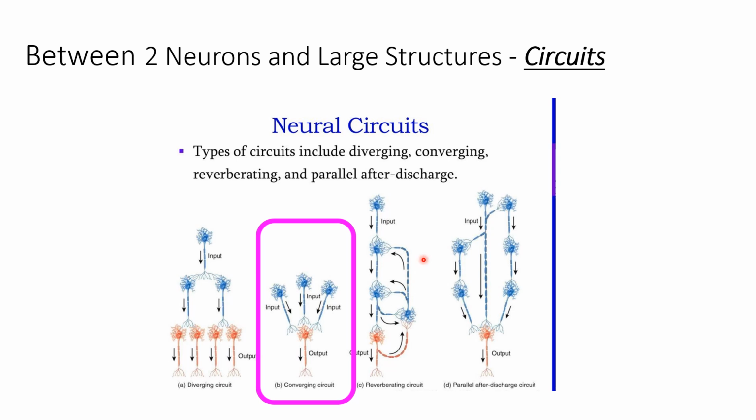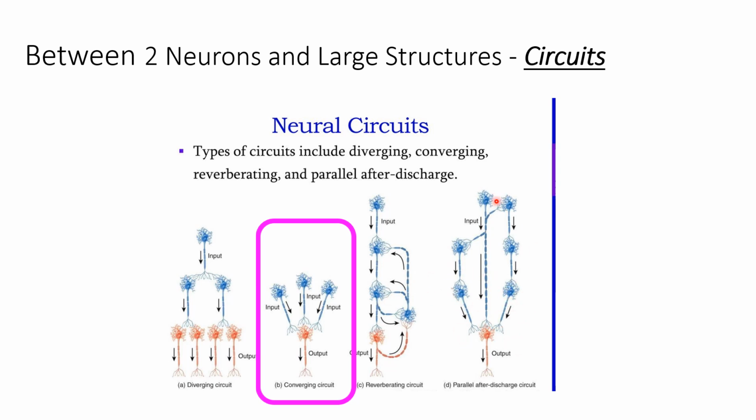Now, these others over here, I'm not really going to talk about all that much. There are some, shall we say, reverberating circuits. We see these in terms of basic autonomic function, like breathing. You see it occasionally in, I'm trying to think of some things, circadian rhythms, so we're starting to move into complex behaviors.